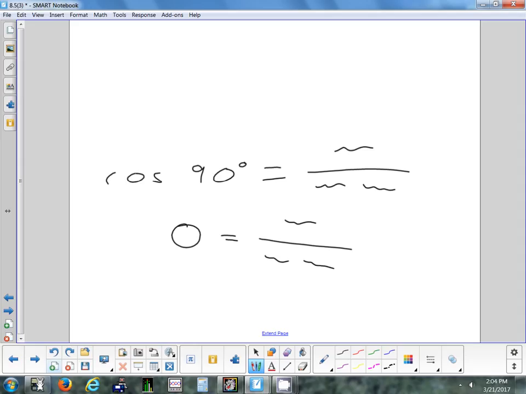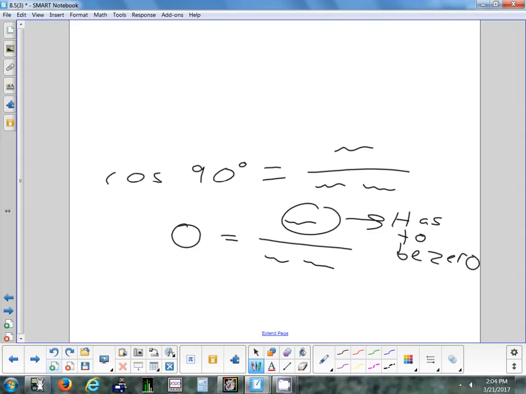So if you got an angle that was 90, somehow this fraction would have to equal 0. What's the only way that a fraction can ever come out to 0? 0 on the bottom? No, if you have 0 on the bottom, that's undefined. Oh, 0 on the top. The only way a fraction can ever come out to 0 is if you have a 0 on the top.